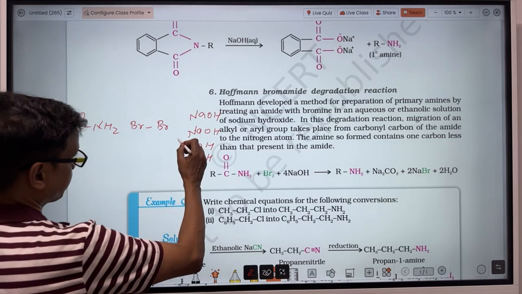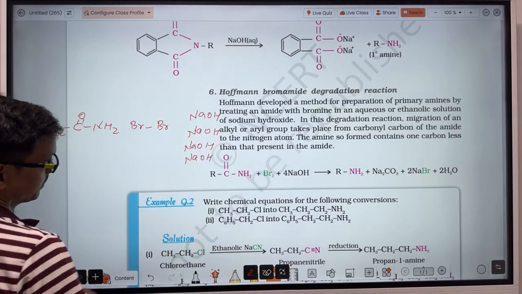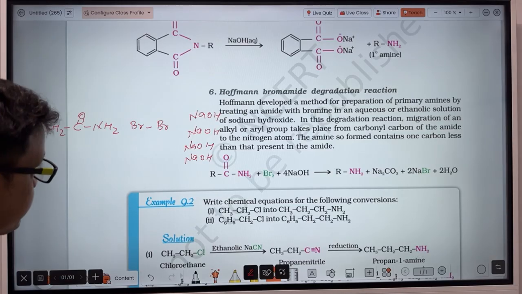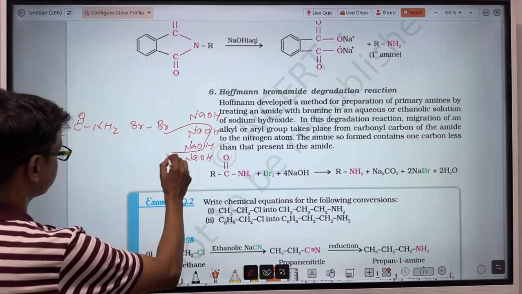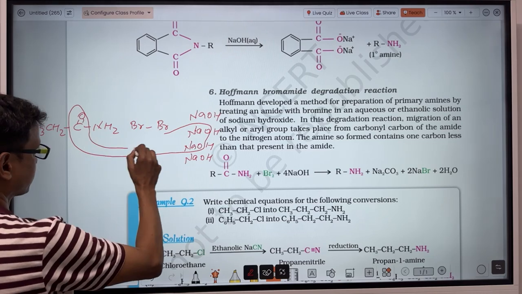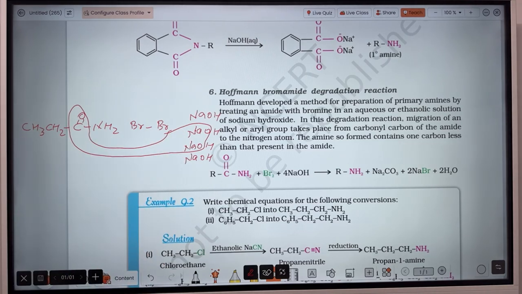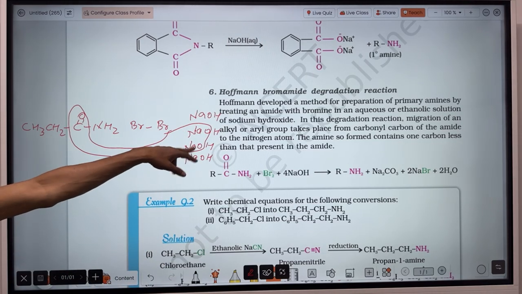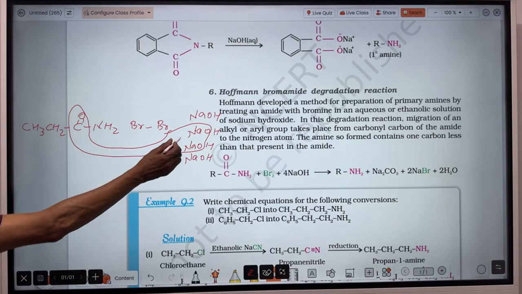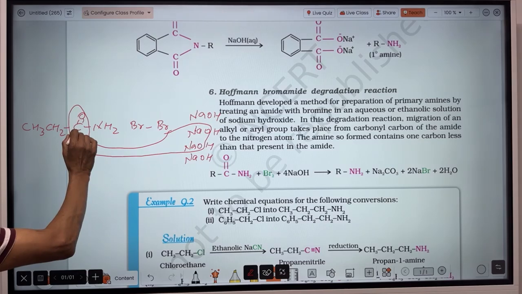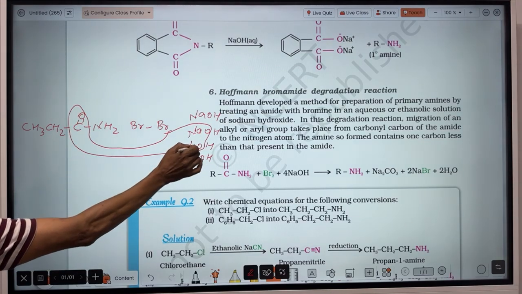To this bromine, firstly there will be formation of this one, these two will combine with this acyl carbon. Of the NaOH, 2 molecules of NaOH will combine with the acyl carbon atom. So here 2 sodium, here 1 carbon and 3 oxygen.